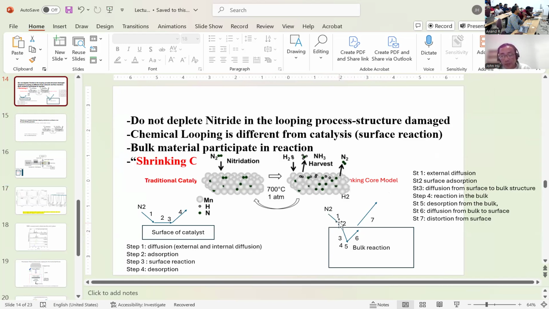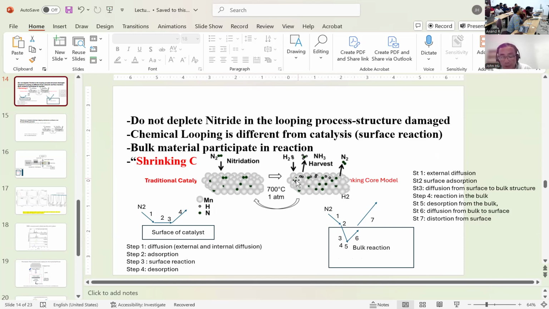This is seven steps. So that means they are not highly reproducible. For the surface reaction, the peaks will be the same. But the bulk diffusion, this is steps 2, 3, 4, 5, from cycle 1 to cycle 2 to cycle 3, they may be different.